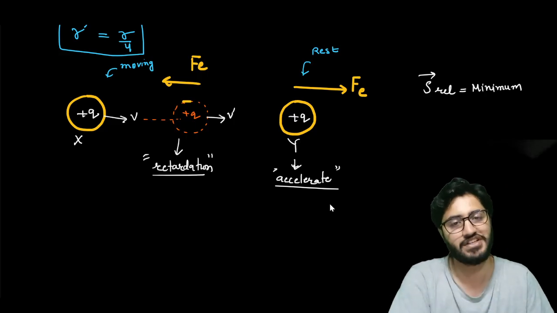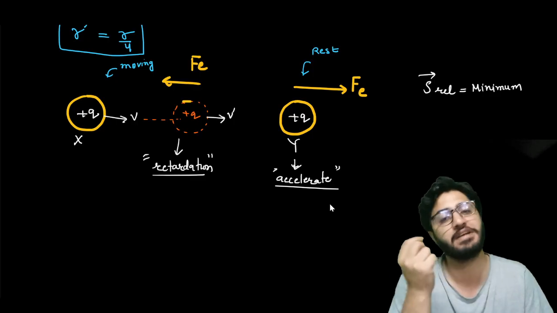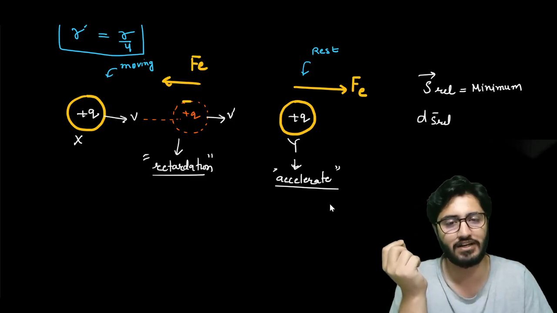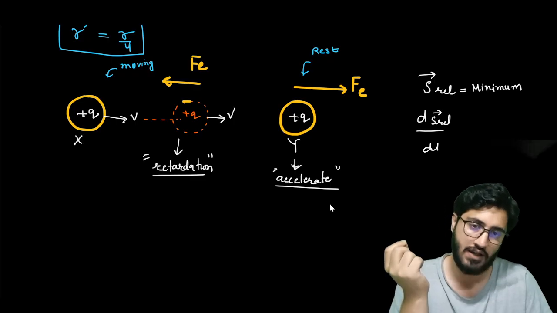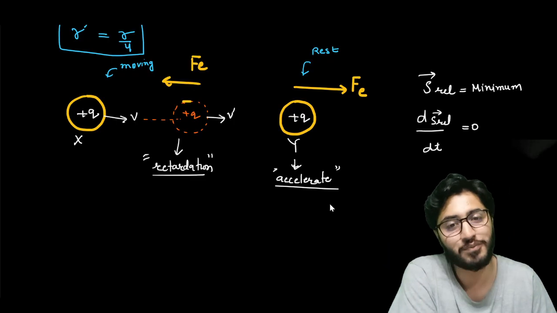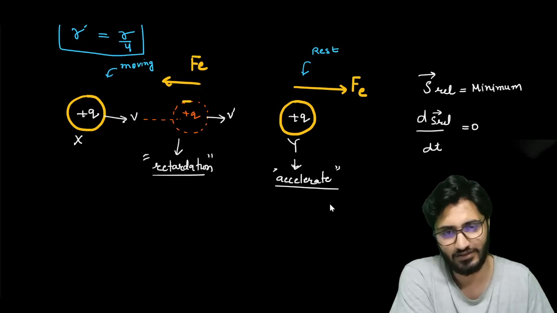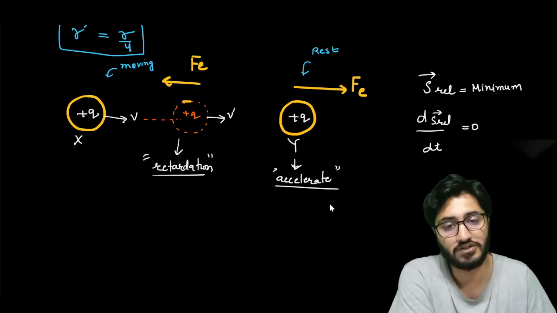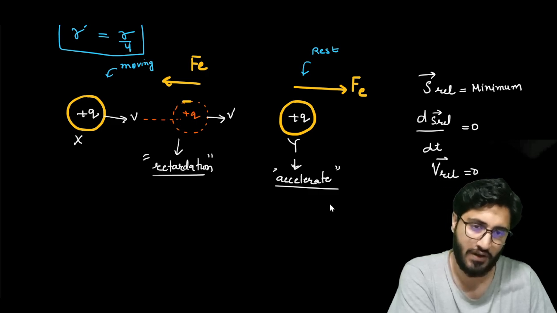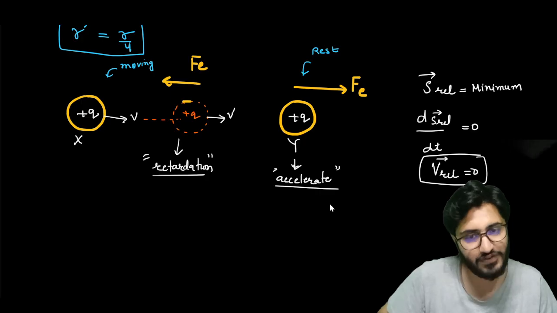So let us differentiate it. We know that if we need to find minima, we will differentiate it. Differentiate my S relative with respect to time. It will be 0. And what is dS relative by dt? This derivative is V relative. So my relative velocity will be 0.